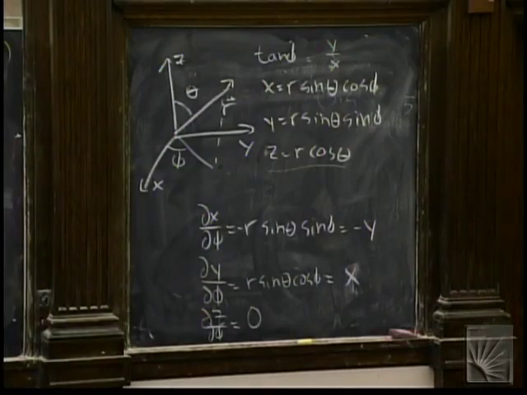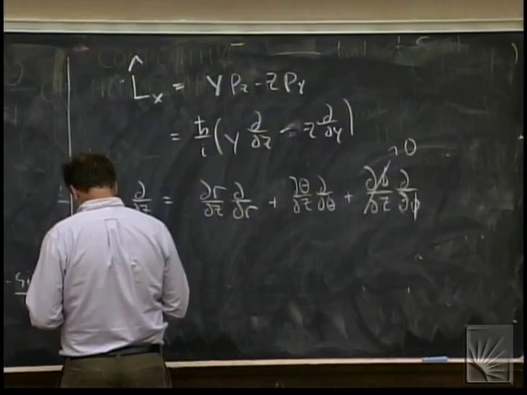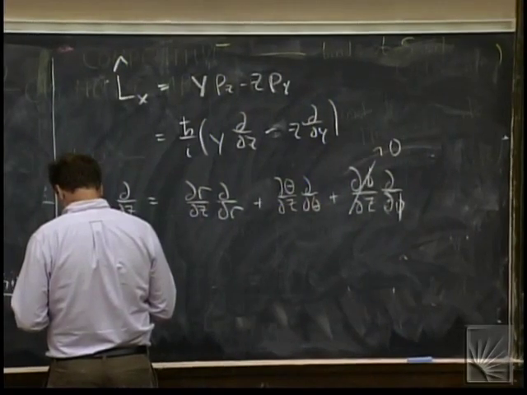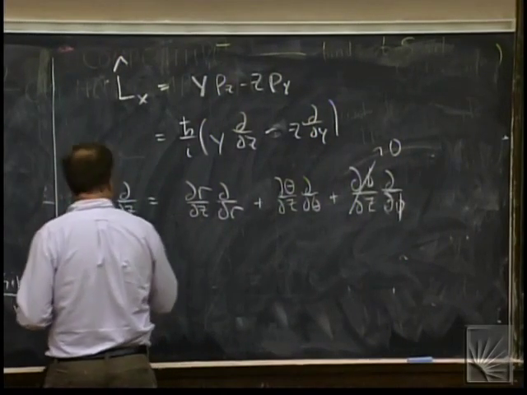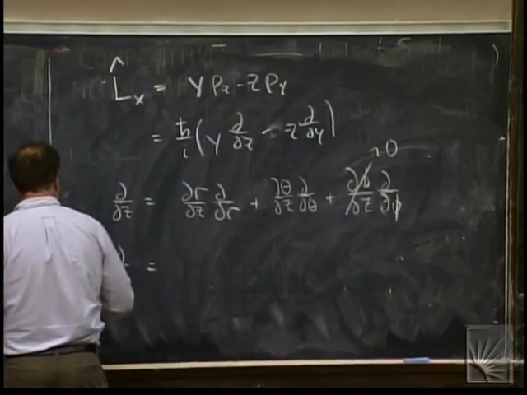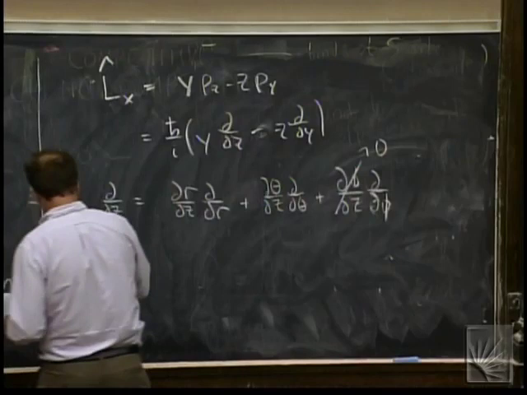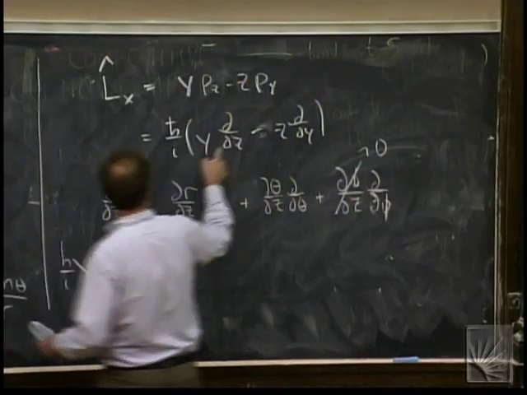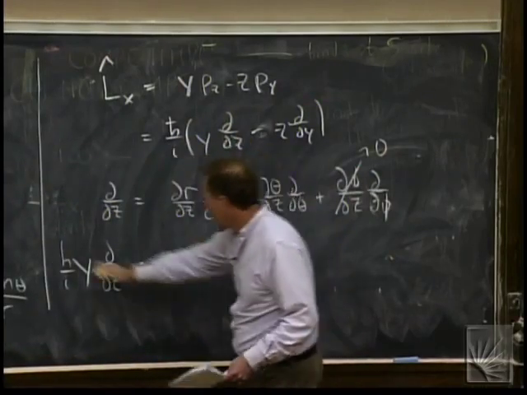Finally, d by dz, just this term alone, just so you can see it, well, let me not just write that term. y d by dz, okay, and h bar over i times it. So this first term, I'll leave off the h bar over i.